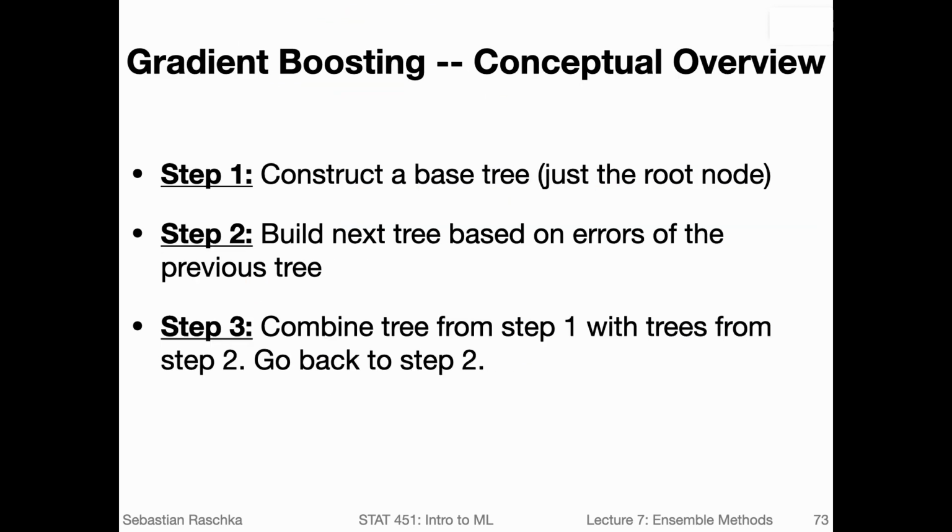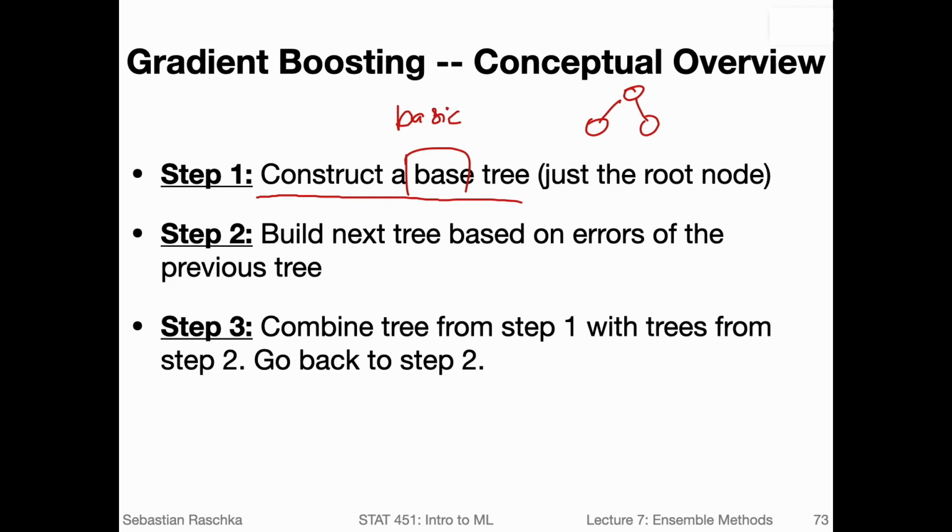So the conceptual overview of gradient boosting is outlined here. I try to keep it short in 3 basic steps. The first step is constructing a base tree. Base means very basic tree, basically. So it's just the root node. We said before a decision tree stump is a decision tree with one split.